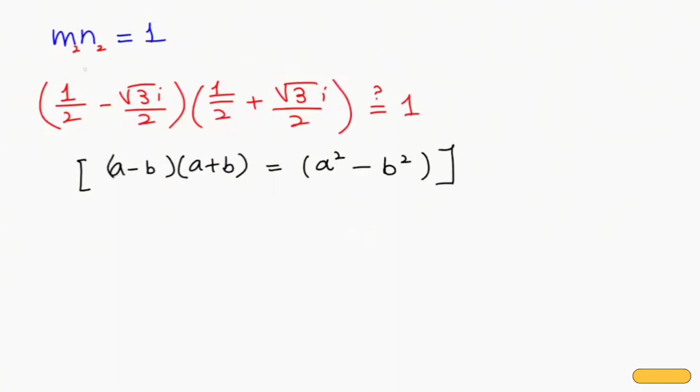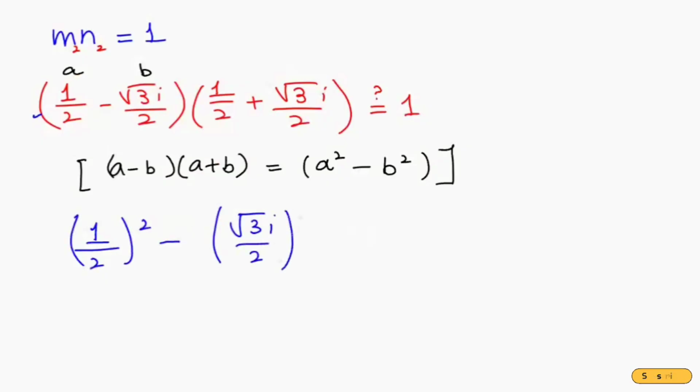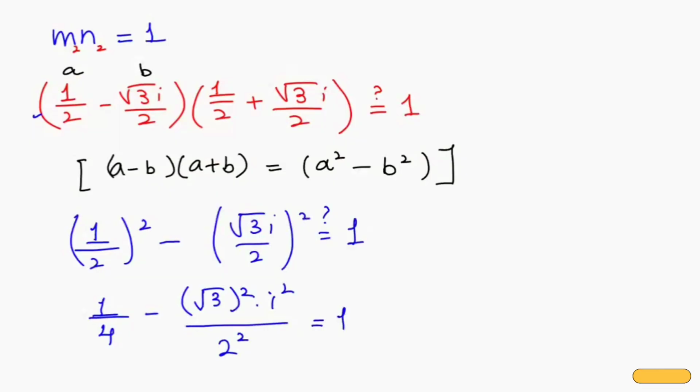So this is our a value here and this is our b. So this can be written as 1 over 2 whole to the power of 2 minus root of 3 iota over 2 whole to the power of 2 is equal to 1. Now this will turn to 1 over 4 minus root of 3 whole to the power of 2 times iota square over 2 to the power of 2 is equal to 1.